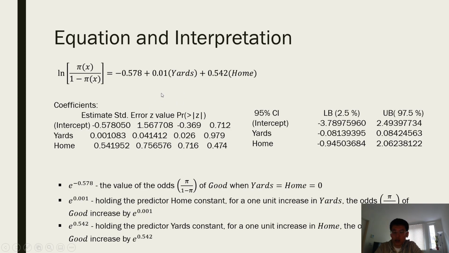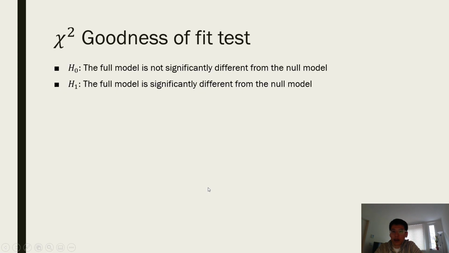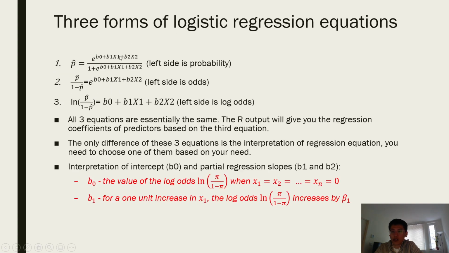I think this one is sufficient. But it's good to know how to interpret in odds and probability, because those three forms are essentially the same. Unfortunately, I don't think R will give you the other estimates. It just gives you this estimate, so you have to interpret it back into odds or probabilities this way.